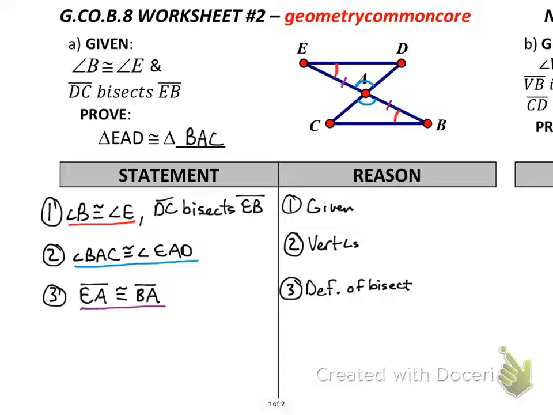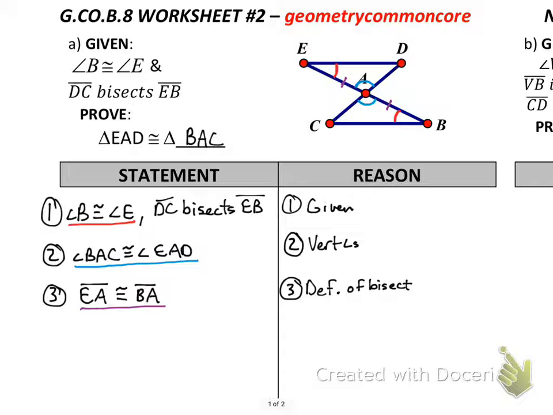But this is just a phrase, DC bisects EB. Anytime you have a phrase, you will have to use a definition of whatever the word is. So when we get down to midpoint, there's going to be definition of midpoint. The one next to this is perpendicular, so it's going to be definition of perpendicular. So anytime there's a phrase, be prepared to use a definition of whatever term is used.